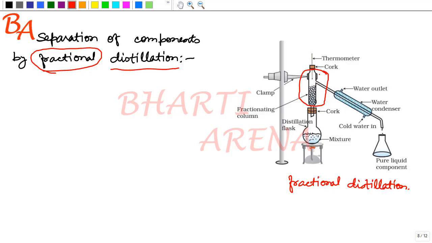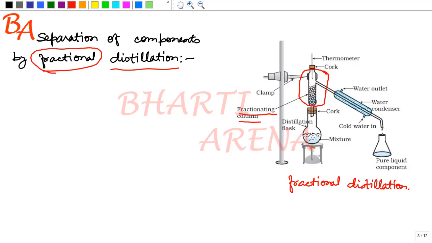This setup is known as the fractionating column. It is mounted here to give time to the vapors evaporated from the mixture, so that the component having the higher boiling point condenses during its passage through the fractionating column.